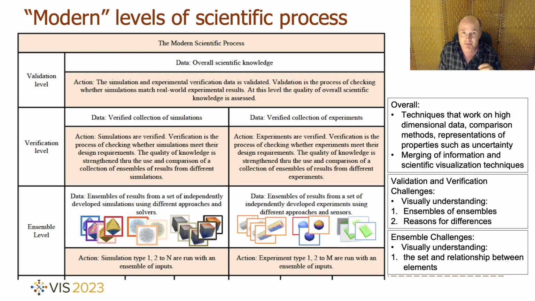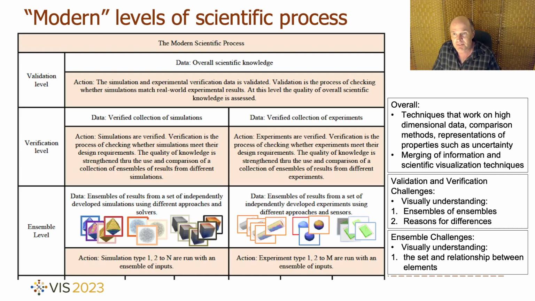So for experiments, it might be like an accelerator facility. For simulations, it might be different suites of ensembles with, say, different grid types running on the same type of simulation, like a climate model.